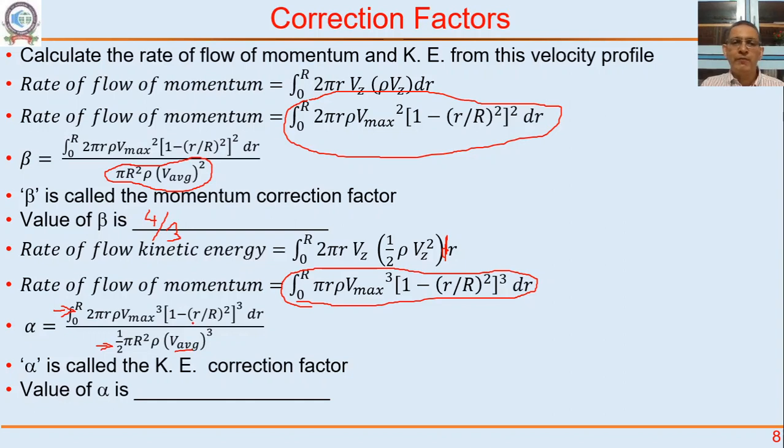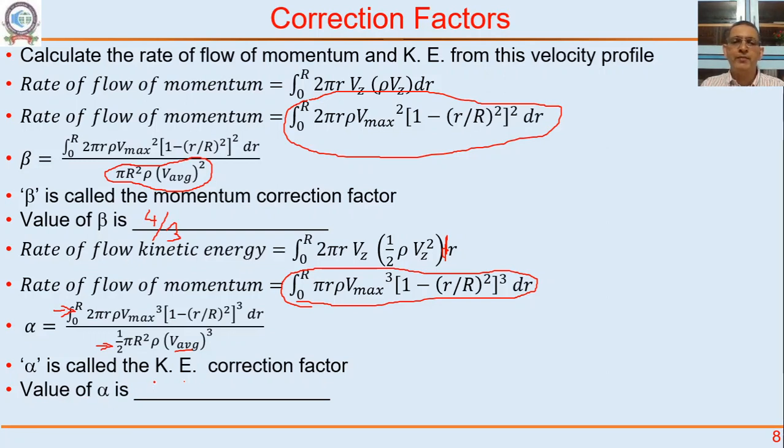And again, this is important. We don't want to integrate every time. We would rather take average velocity, which is easy to measure, calculate the kinetic energy from here and multiply simply by the correction factor, kinetic energy correction, and then we'll get the actual rate of flow of kinetic energy. Do it for yourself. Pause the video, and once you do that, you will be able to find the value of the kinetic energy correction factor.